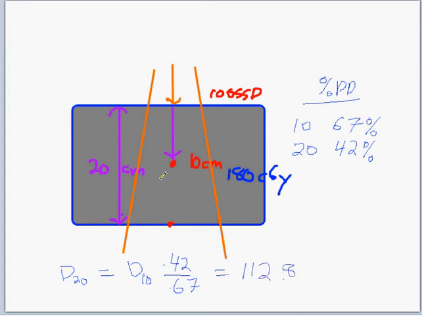So it's just the same as the last problem, where if you had a point somewhere inside the body, the exit dose, if you just take the ratio of the depth at 10, the depth at 20, you get 112.8. However, the only difference in this problem is that this answer is actually not exactly correct. And I've seen it asked on tests before.